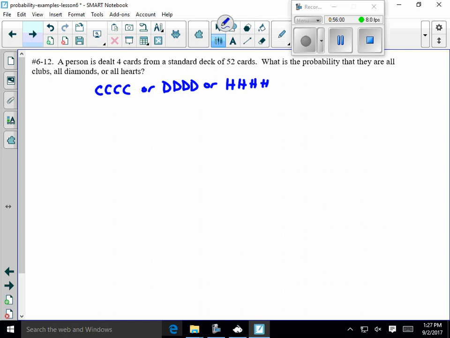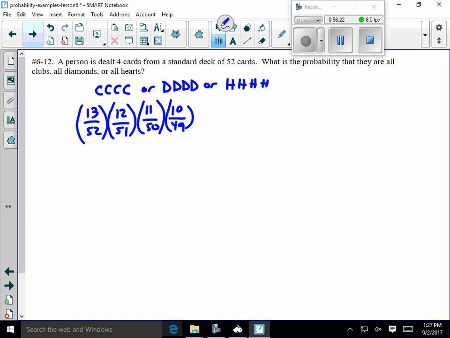So the probability that the first card is a club, well, 13 of the 52 cards, 1/4 of the deck is clubs. If we've taken one card out, we have 51 cards left. 12 of the clubs are left to be in there, right? Out of the remaining 50 cards, 11 of those are clubs, and out of the remaining 49 cards, 10 of those are clubs. So I would multiply those to find the probability of having the 4 clubs.